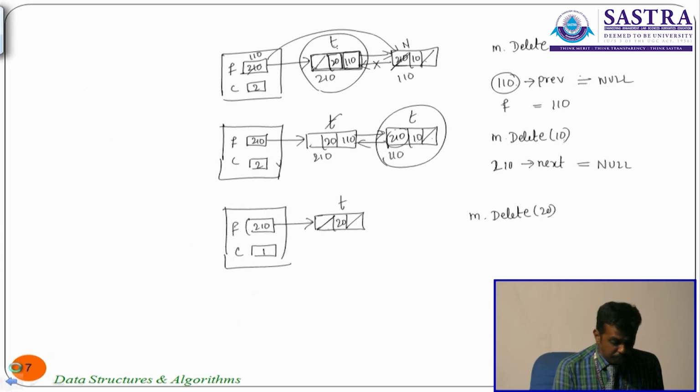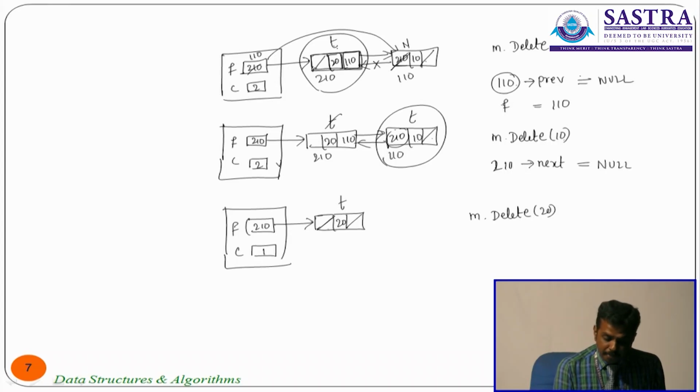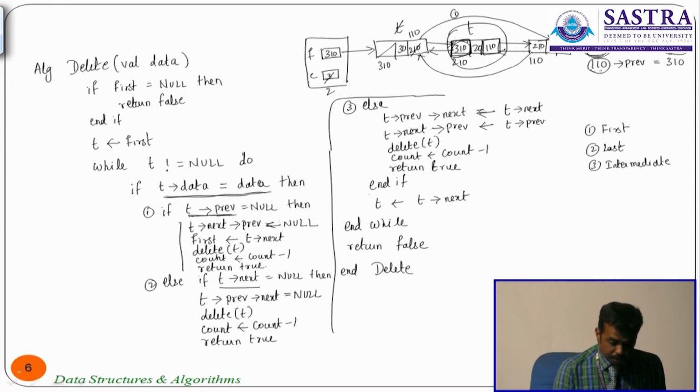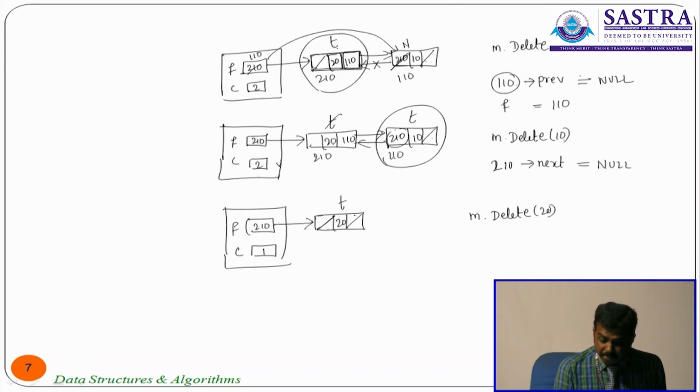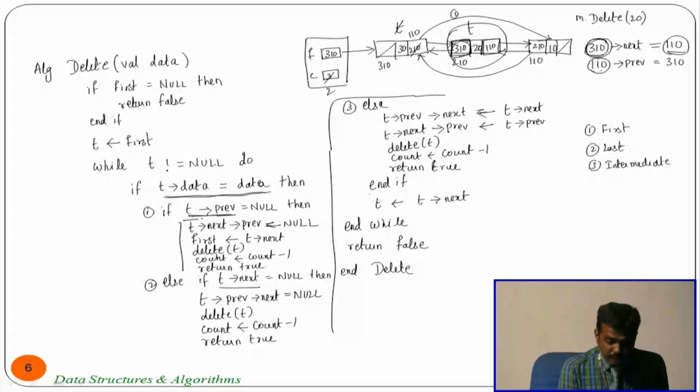So if you execute this code, it will not work for this case, because you have assigned T of next of previous equal to null. Here T of next is actually null, so the next of the previous is not possible, and it will return an error.